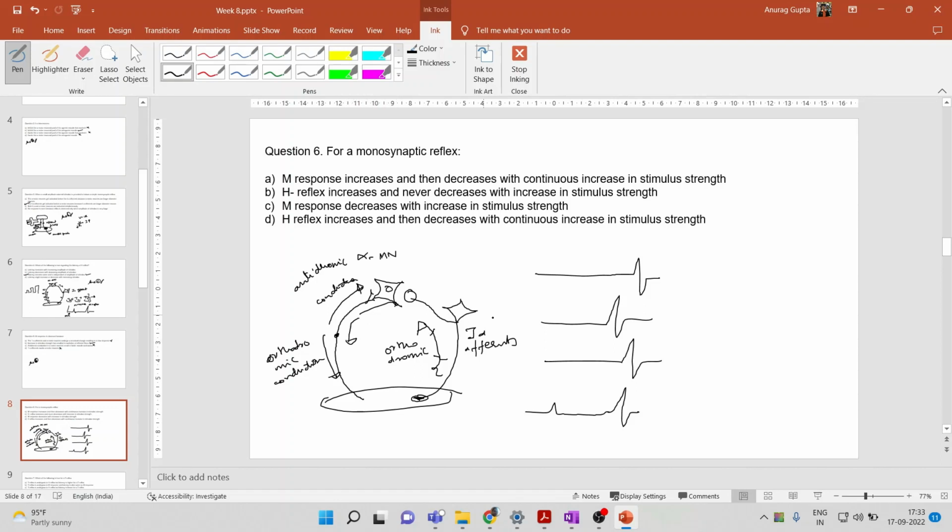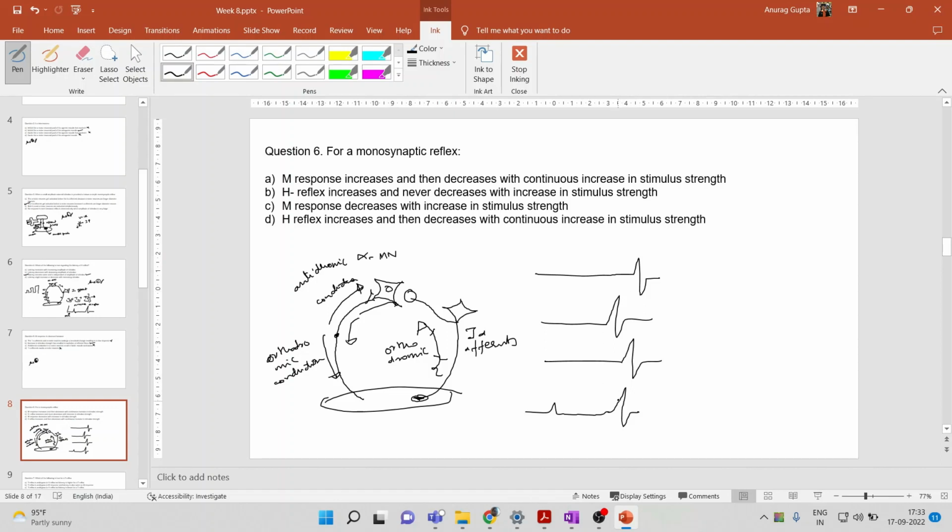So they extinguish each other. Hence, although the M response is visible because of the orthodromic conduction of the action potential, the antidromic conduction extinguishes the action potential caused due to the 1A afferents in the alpha motor neuron.